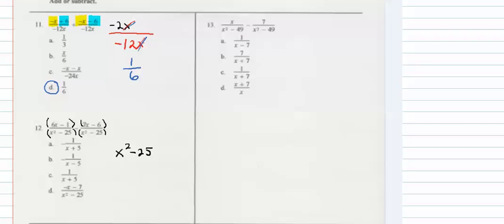I have at the top a 6x, and I also have a negative 1. Over here I have a negative sign. This is a subtraction problem. I put my parentheses. Remember, there's an invisible 1 right here, and that means I need to distribute that negative 1 to the 7x to get a negative 7x, and then I'm going to distribute that negative 1 to the negative 6 to get a positive 6.